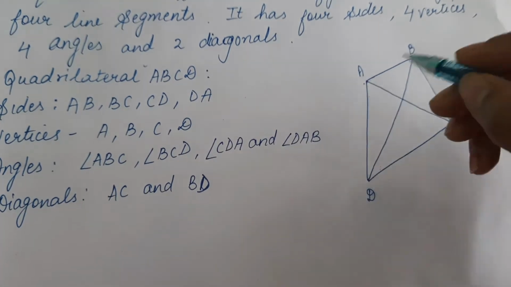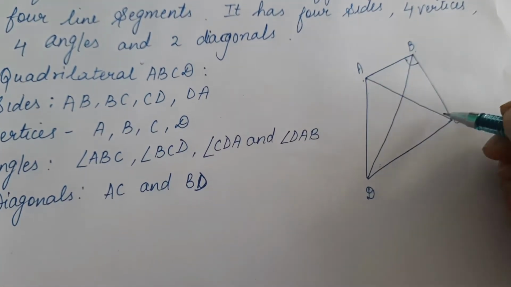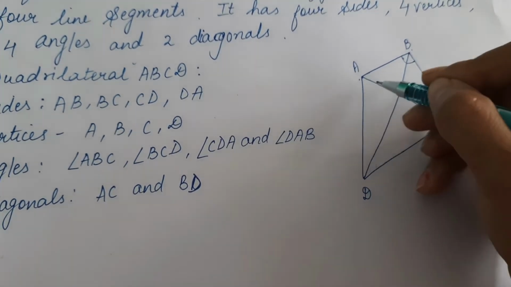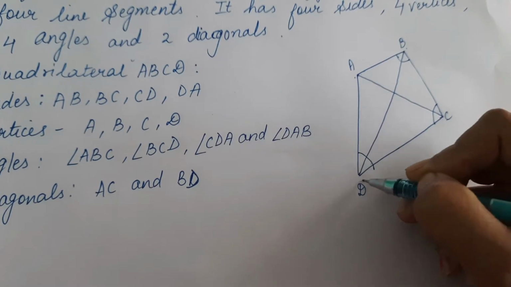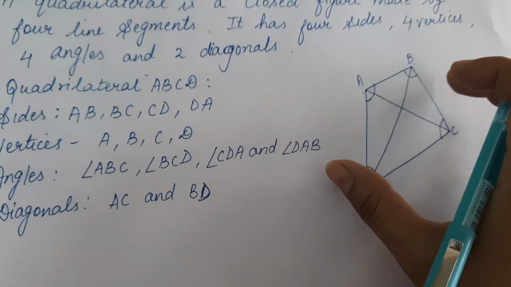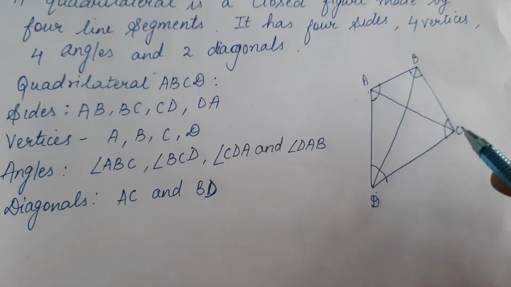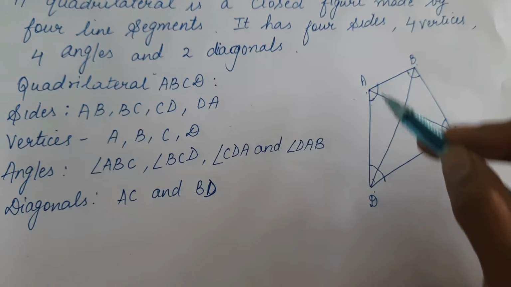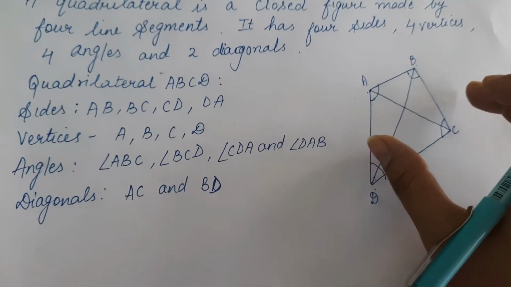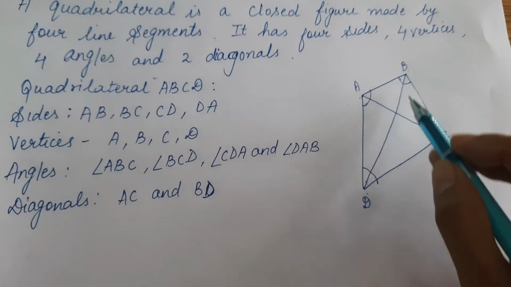Now the angles are angle ABC, this angle, BCD, this angle, CDA, this angle, and angle DAB, this angle. These are the 4 angles of quadrilateral ABCD: angle ABC, BCD, CDA and DAB. These are the 4 angles of the quadrilateral and the diagonals are AC and BD.